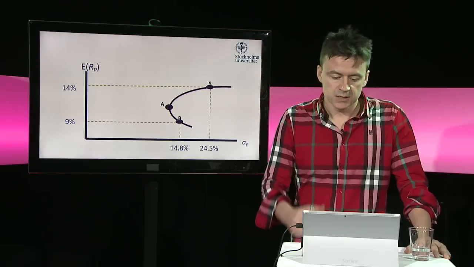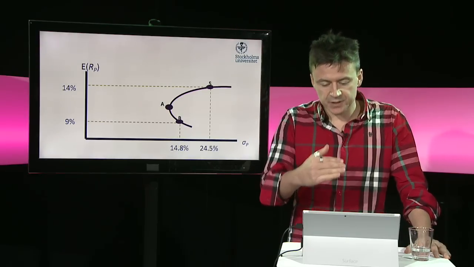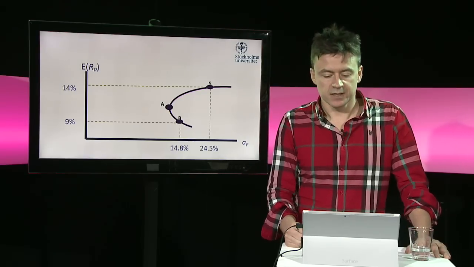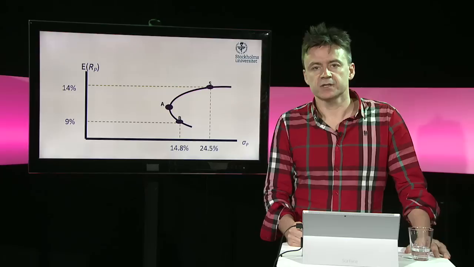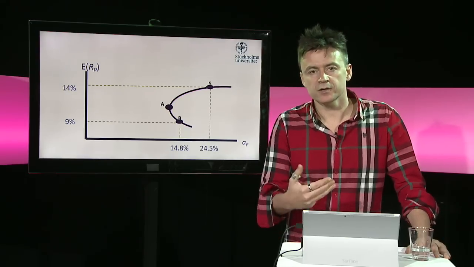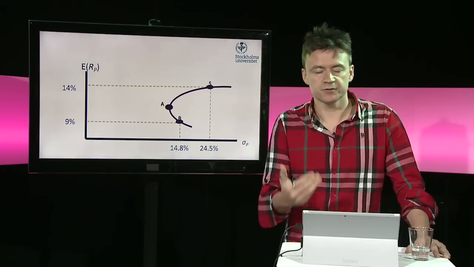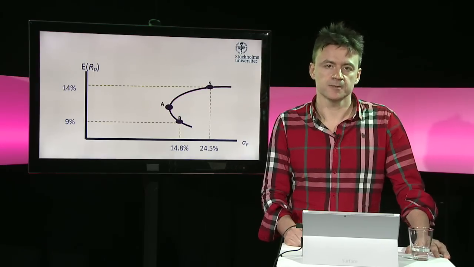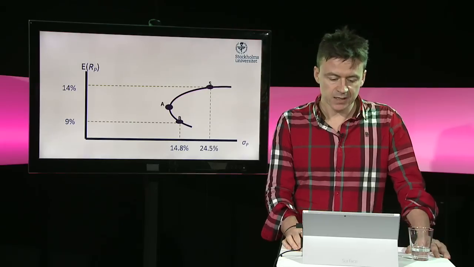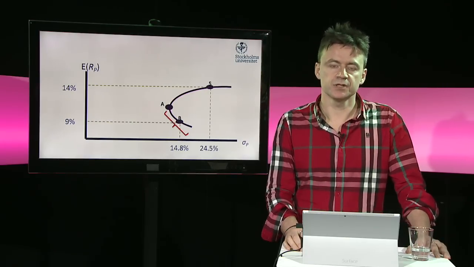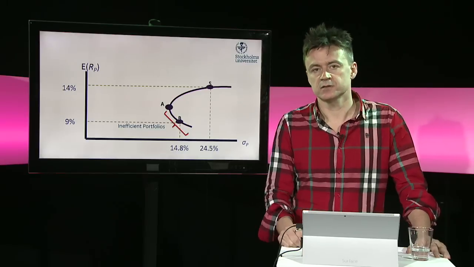Now, any other portfolio that sits above A cannot be subject to this line of reasoning. From A on, we cannot improve in an unambiguous way, as we have done so far, by reducing our investment in the bond. Hence, we can say that all portfolios in this region are inefficient.